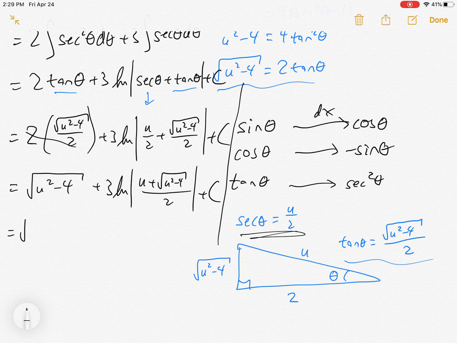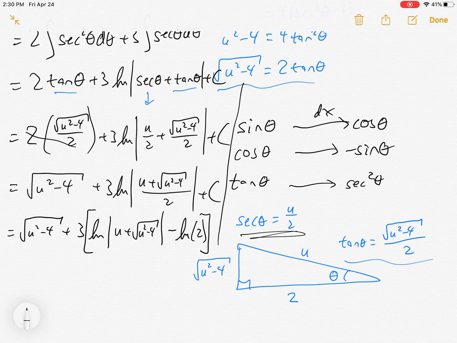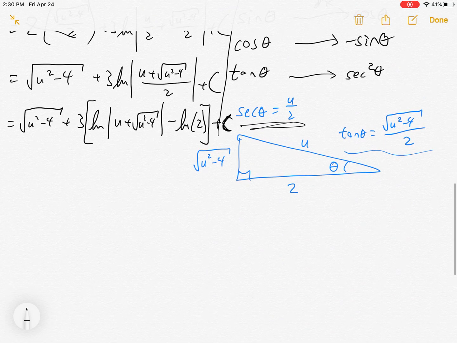And maybe you think you're done, but we could do a little bit more. If you have a natural log of a ratio, you can break that up, right? So this guy is just waiting on us. I can break this up as 3 times the natural log of the numerator minus natural log of the denominator, which is 2, a positive number, plus c.